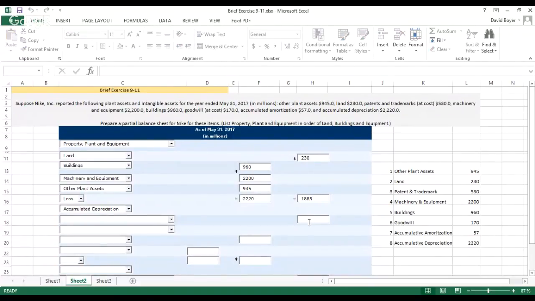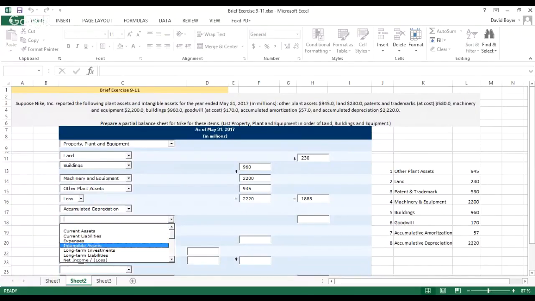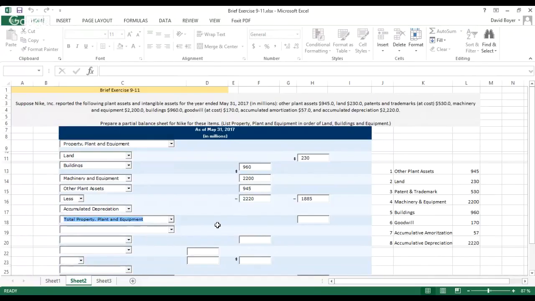This total here would be these two together, which would give us our total tangible, total property, plant, and equipment.